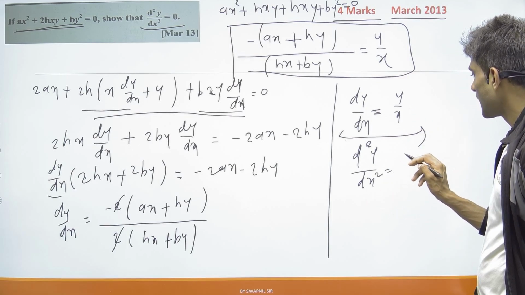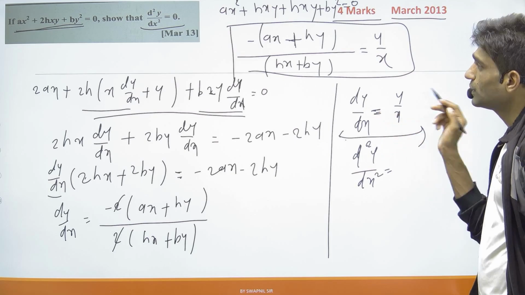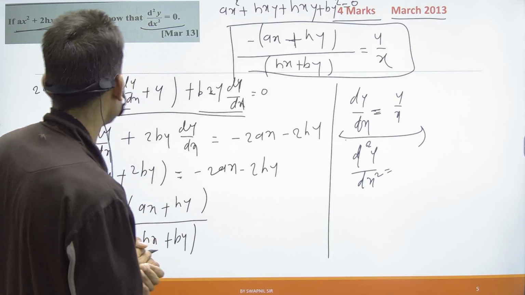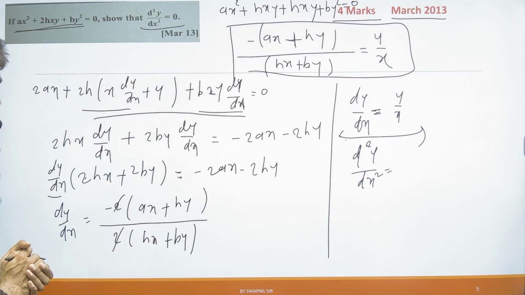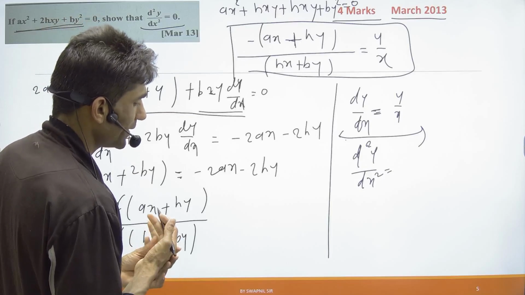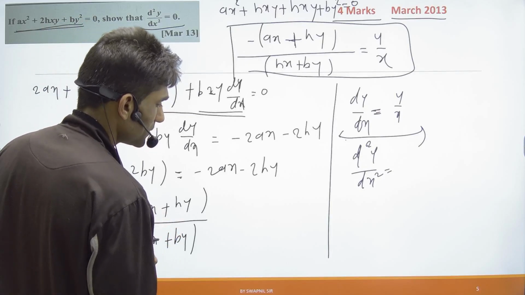That means we have to find the differentiation of y by x. If you go for differentiation directly, maybe it will be more complicated, so what we can do is use more steps here.